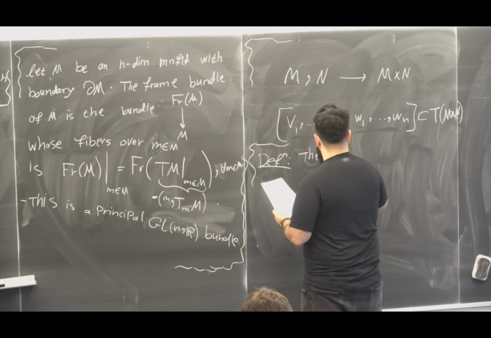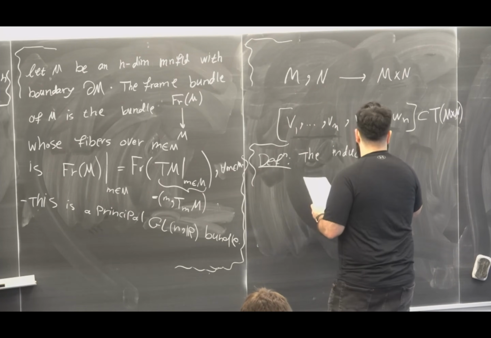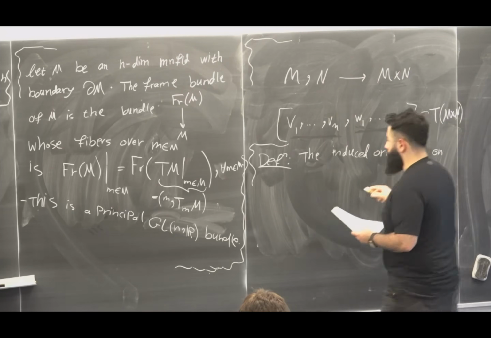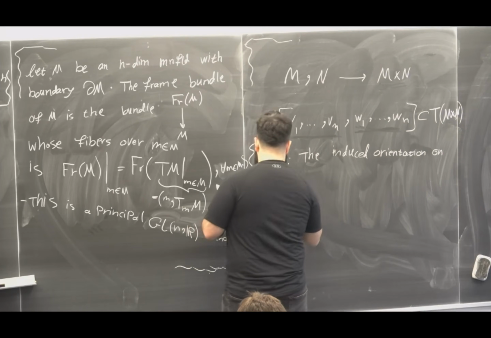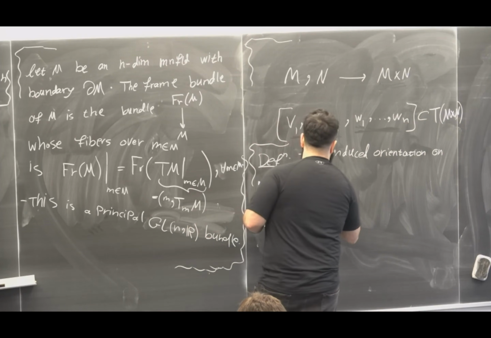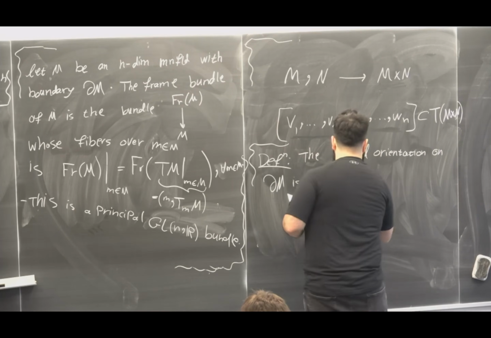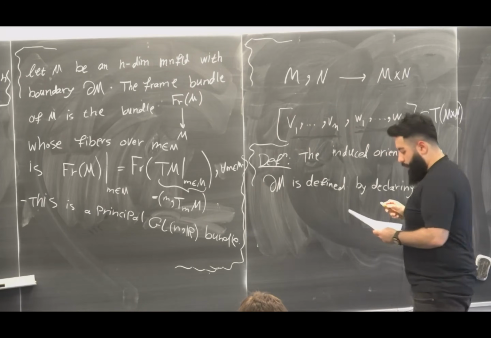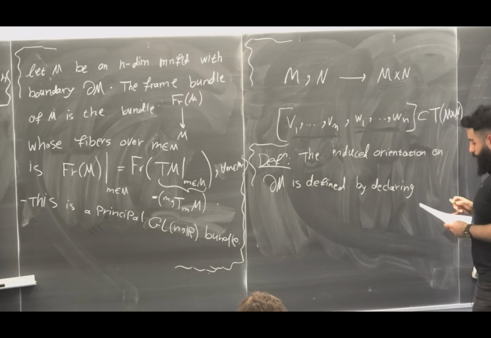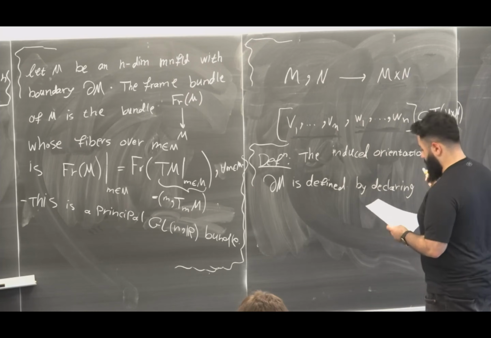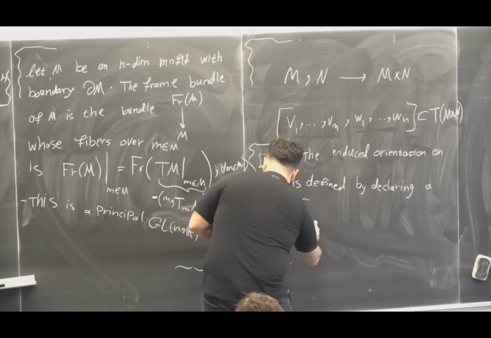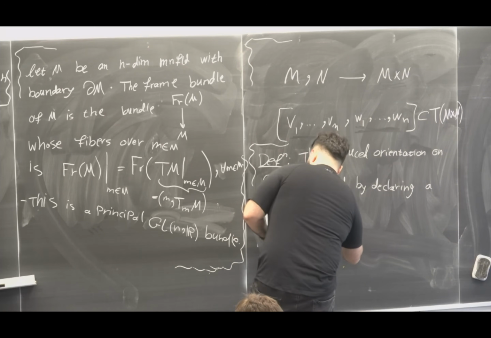The induced orientation on the boundary of M is defined by declaring a frame V1 to Vm minus 1 of the tangent space of the boundary.